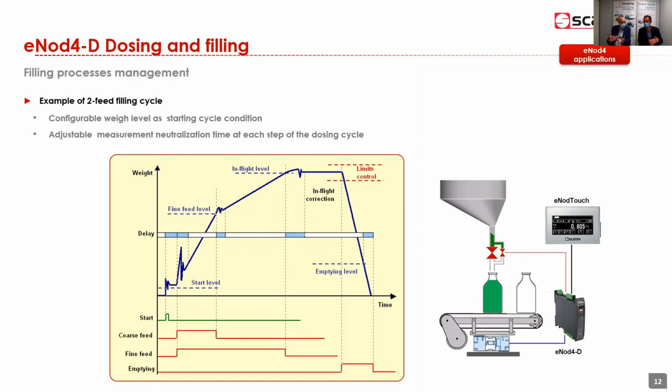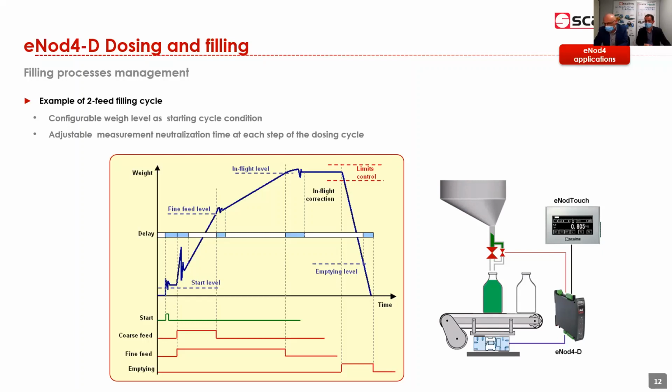Some other examples: in some cases, we want a very fast filling with perhaps less accuracy, so we will use only one feed. Also, we have some applications where, externally to the filling process, we pre-fill by volumetric, and we only complete the filling with weight, and generally we will use only one feed.